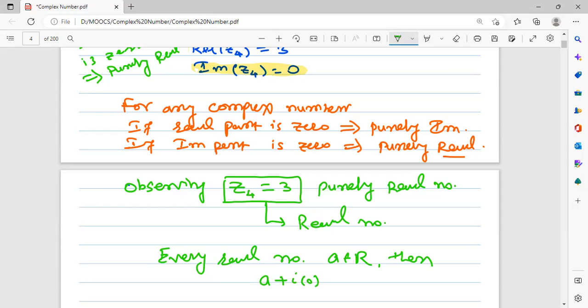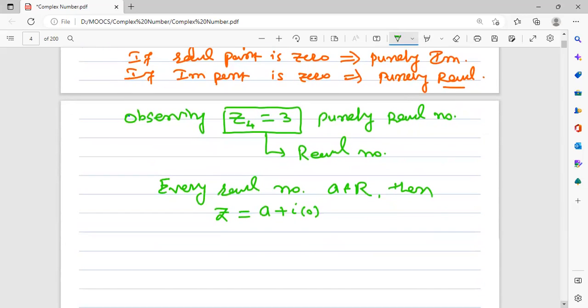Any real number I can write in this form, and this is equal to a + ib with b = 0. Now tell me, if I write it in this form, then this becomes a complex number, because we know that any number with a real part and an imaginary part is called a complex number.